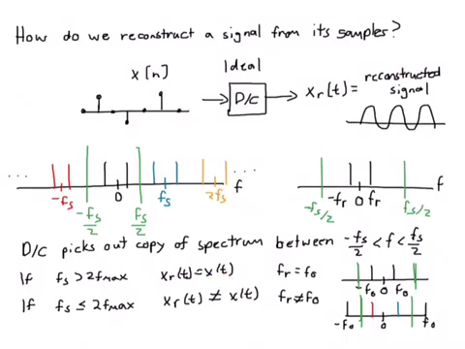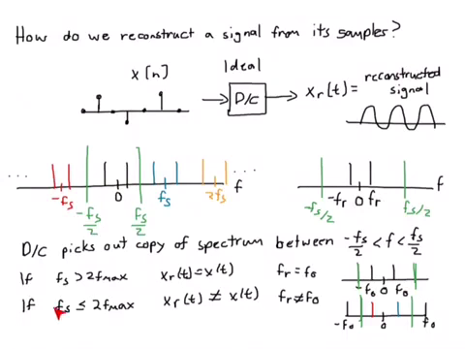So we'll get back exactly what we put into our C to D box, and that means fr is equal to f0. When we pull off the frequency spectrum between minus fs over 2 and plus fs over 2, we get back the original, which has a line at minus f0 and a line at plus f0.